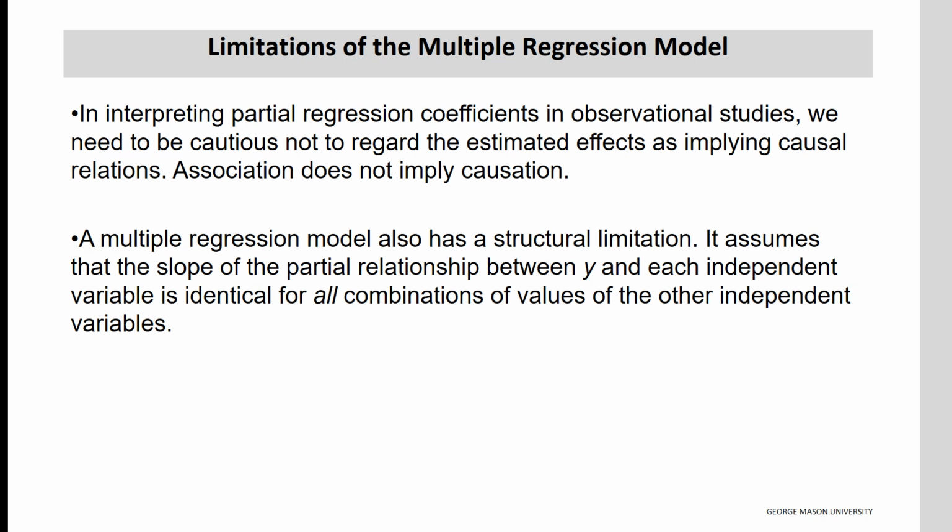There are a number of limitations associated with the multiple regression model. In interpreting partial regression coefficients in observational studies, we need to be cautious not to regard the estimated effects as implying causal relations. Association never implies causation.